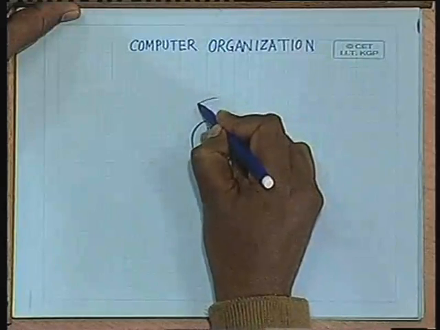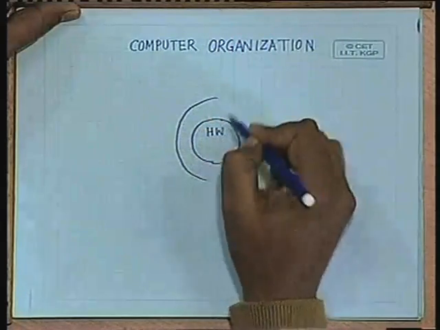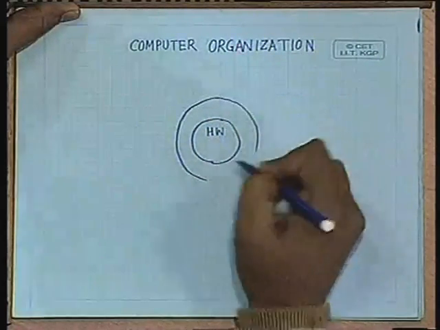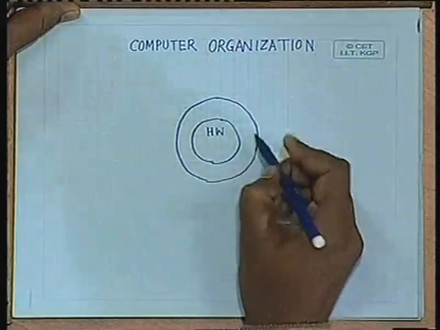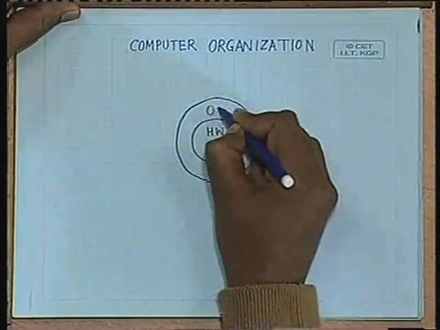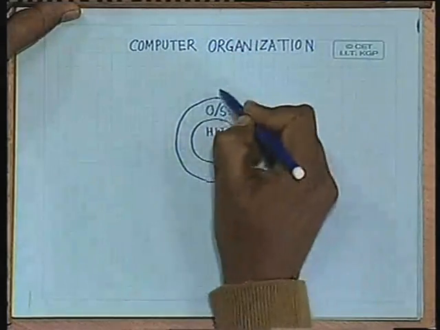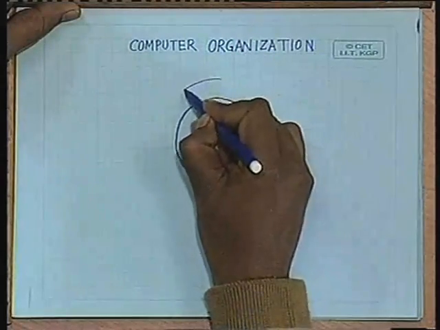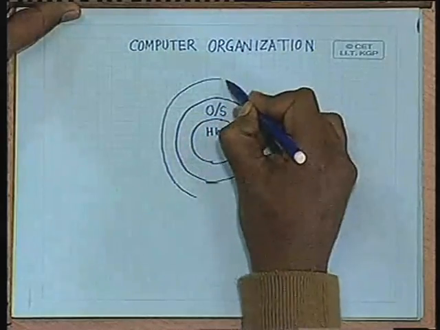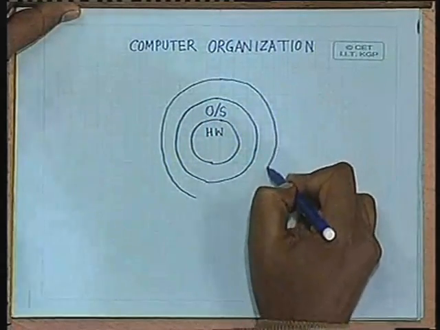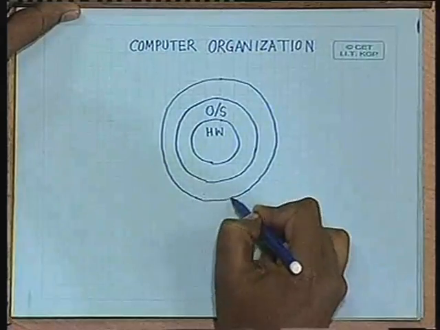On top of hardware, we have a layer of software which is called the operating system or OS. And above this operating system, we have another layer of software, which are the application softwares.